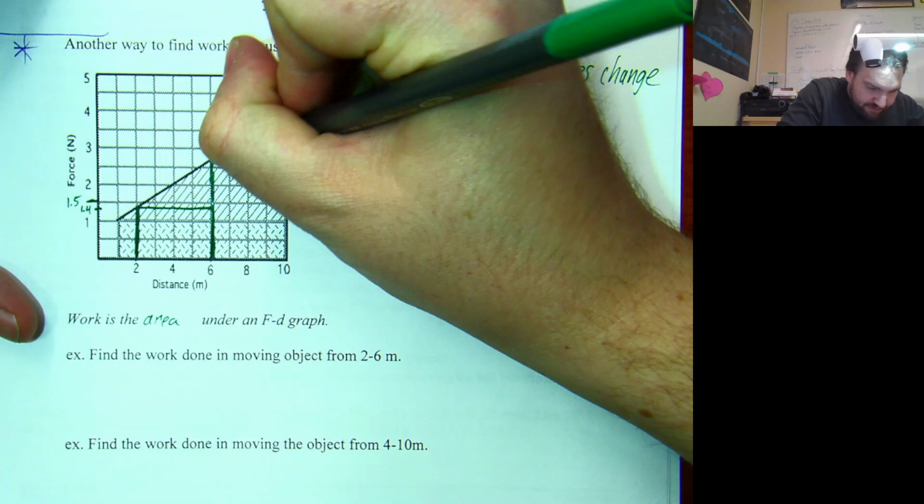We know that this is a 2,000 watt kettle. We want to figure out how long it's going to take to do 50,000 joules worth of work.